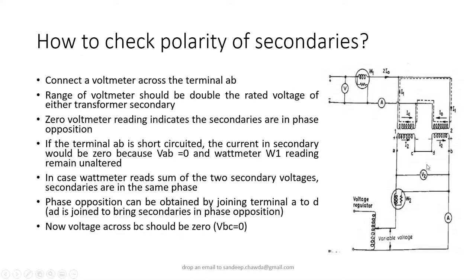And if it is not reading zero, what you need to do is interchange the connections, and by interchanging, the voltmeter should read zero. So it suggests that your transformers are connected in series with appropriate polarity.